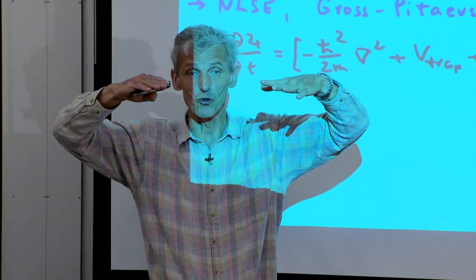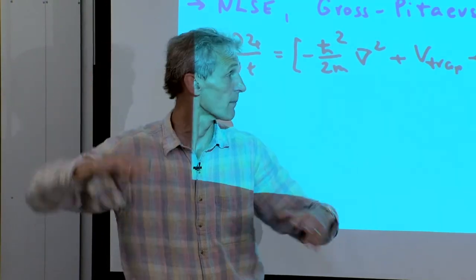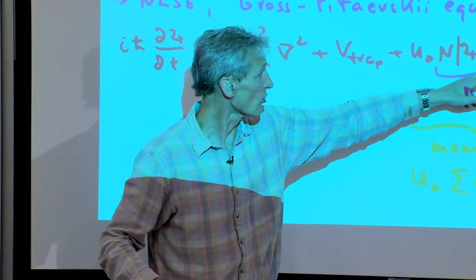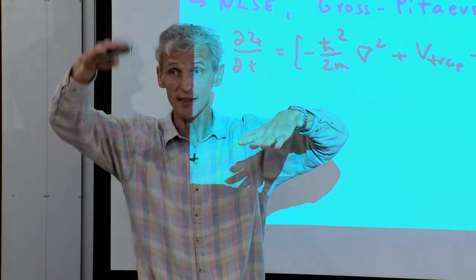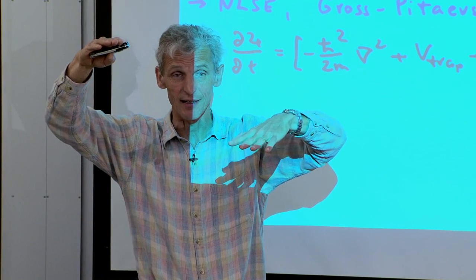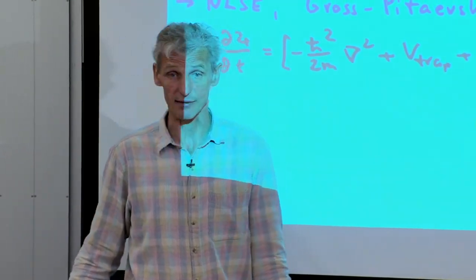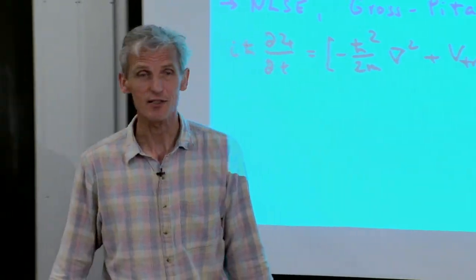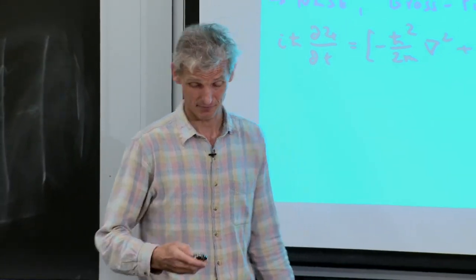That means if you lower the density somewhere, you have to increase it elsewhere. But because this is a nonlinear term, if you have an average density and you lower it here and increase it there, you actually have more repulsive energy than if the density is flat. So this term has only one goal. It wants to flatten out densities.